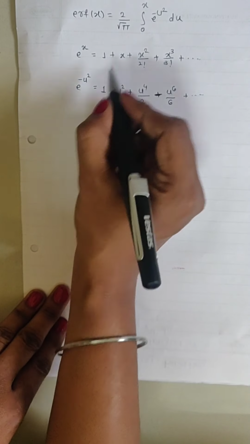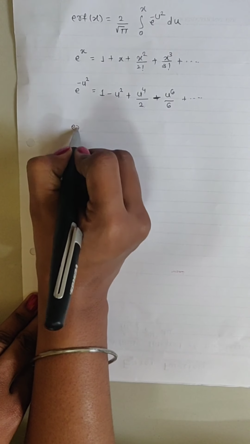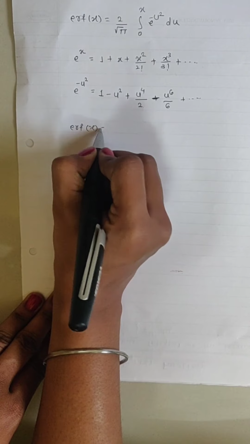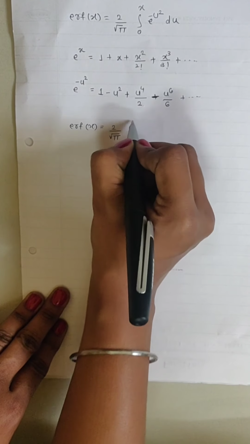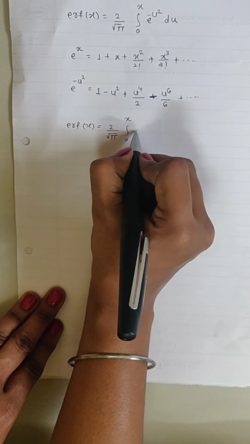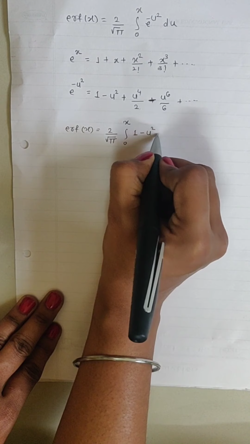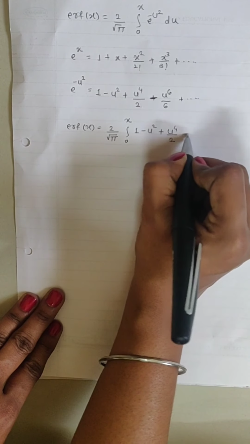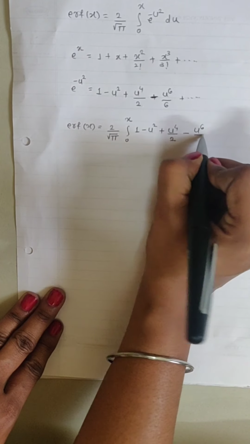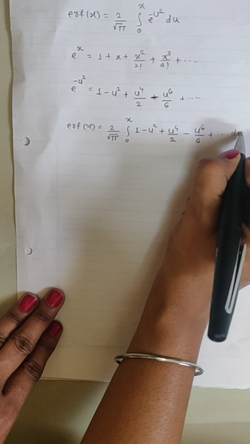So put this value of e raised to minus u square in this integral. We obtain the error function of x as 2 upon root pi integral 0 to x of 1 minus u square plus u raised to 4 upon 2 minus u raised to 6 upon 6 and so on, du.